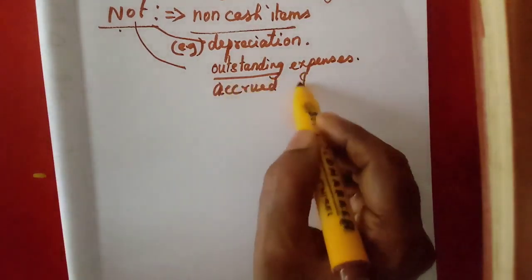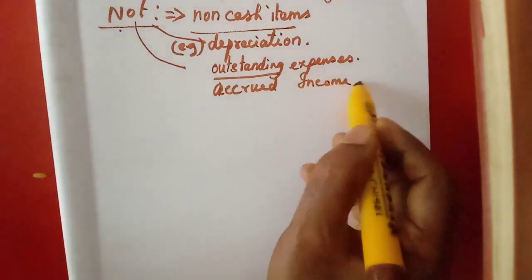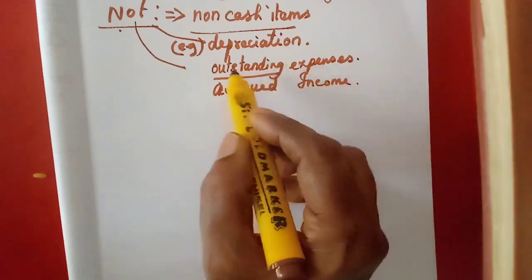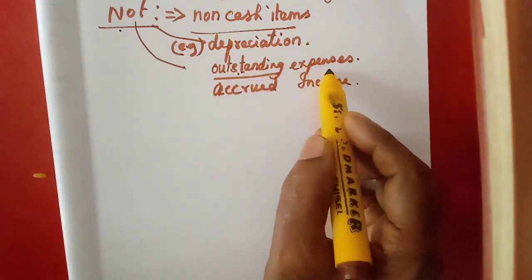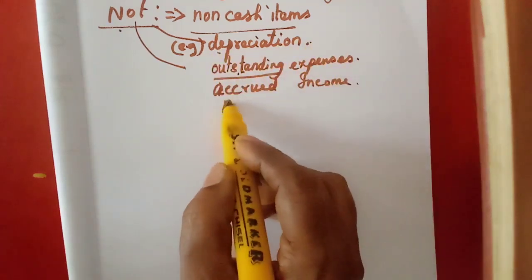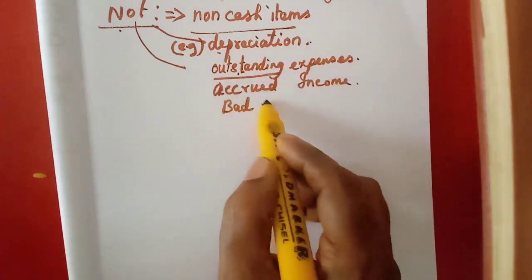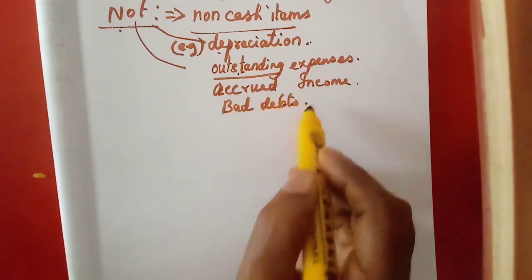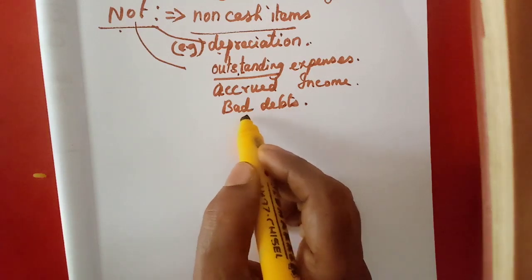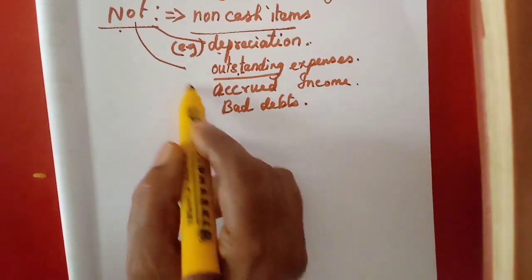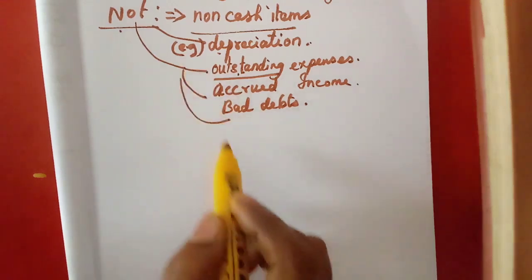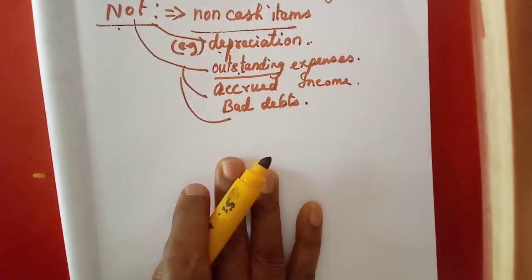Accrued income means this year's income that we have not received. Just as this year's expense we have not paid. Depreciation, we do not pay. Then the bad debts. We write off the bad debts from the sundry debtors. That one also we do not pay as expense.